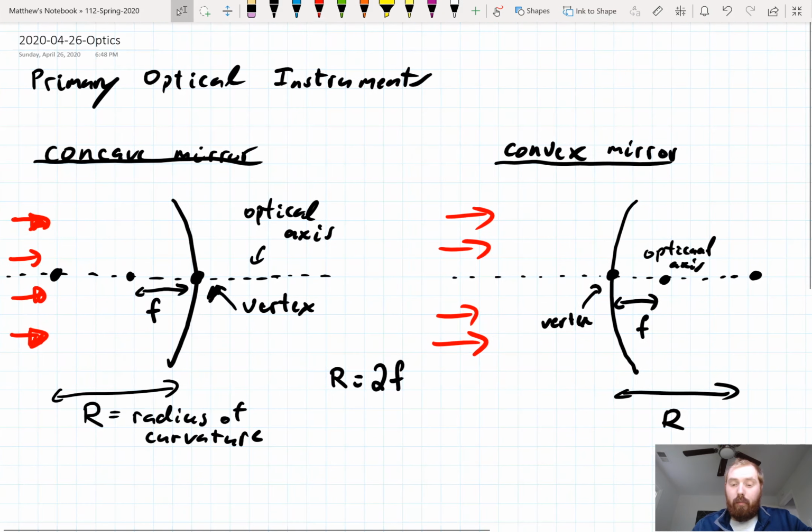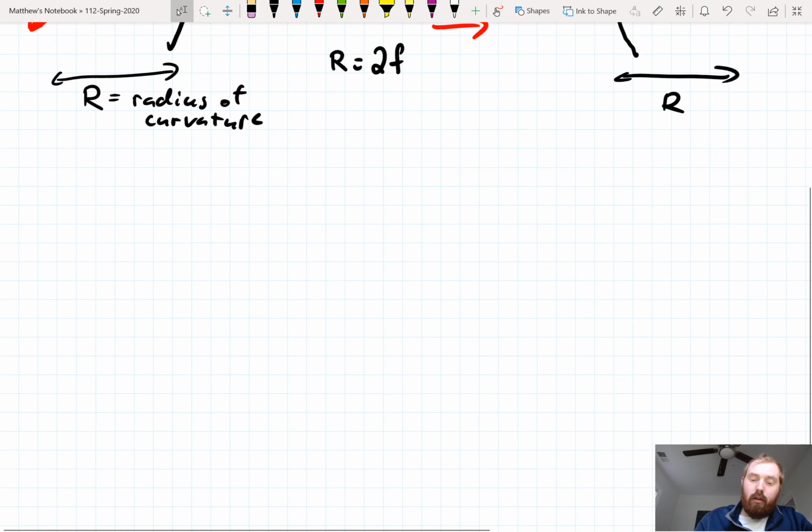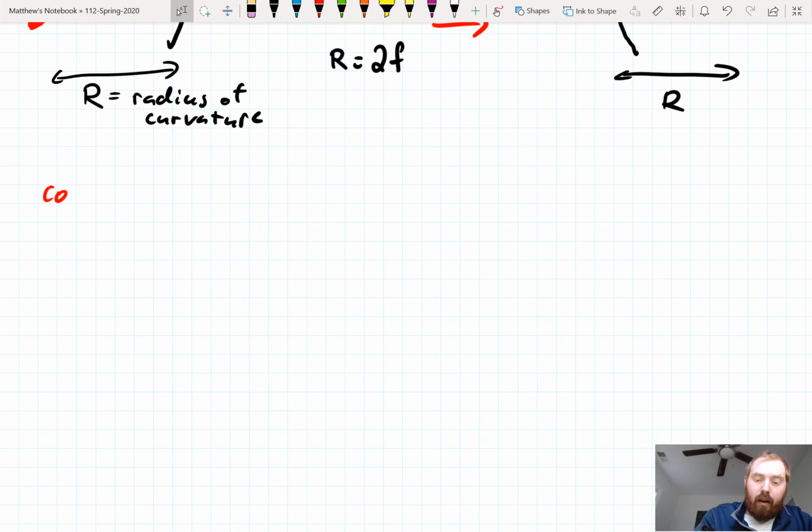So our relationship is concave: the curvature of the mirror is caving in. Convex, going outwards. Right? So that's our 2 main mirrors that we're going to discuss for this class. And we also have 2 types of lenses.